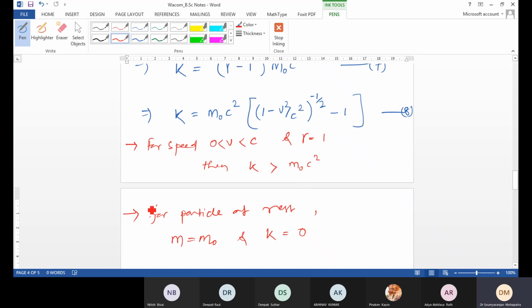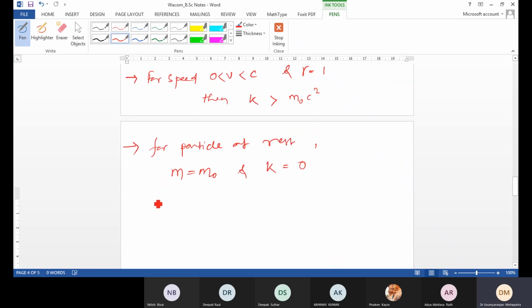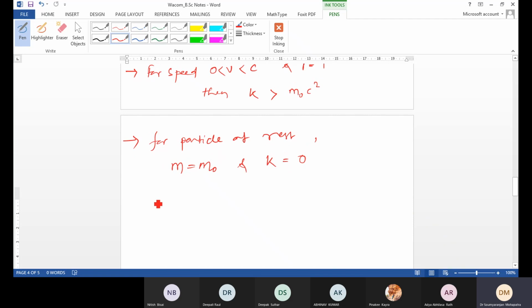Okay. And we will see how our classical mechanics comes out when we consider speed extremely small. When you take v extremely small, this gamma, that is (1 minus v square by c square) to the power minus half, can be expanded binomially.